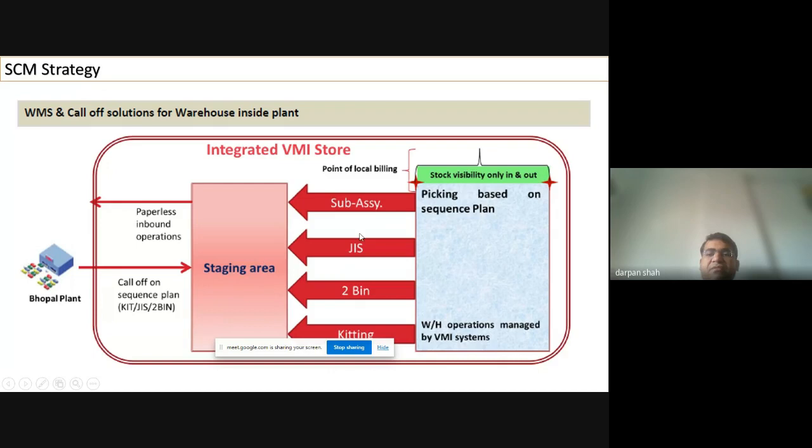Based on that, the warehouse picks different sub-assemblies and parts from its location. They are assembled, organized in the required form, and then supplied again to the main plant. This is what we call the warehouse management process, or call off process, inside the warehouse.